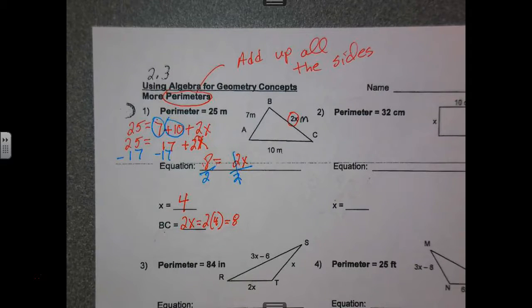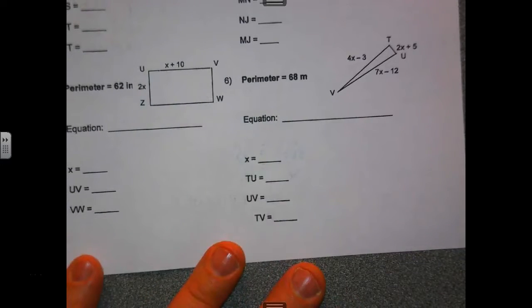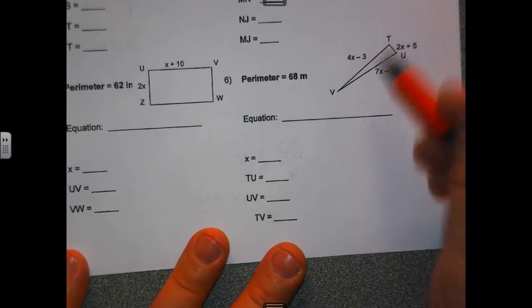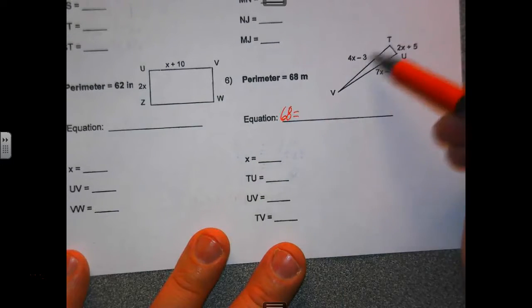Should we do a little more interesting one? How about number 6. The perimeter, 68, is going to equal, add up all the sides.